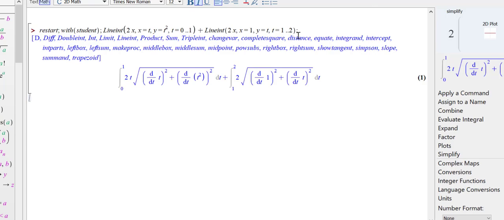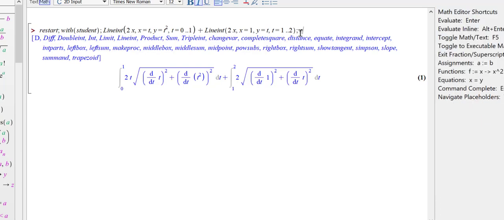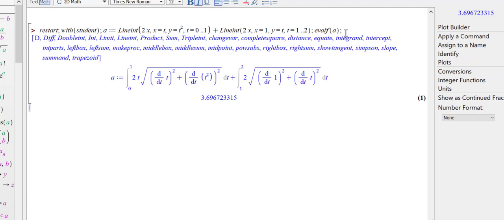And if we want to get the evaluation of this integral, we write eval of, we can put a name for the previous statement, or even I can put the percent to calculate. I put a and I write eval of a, then we run. So here we will see that our answer is 3 point, this one.